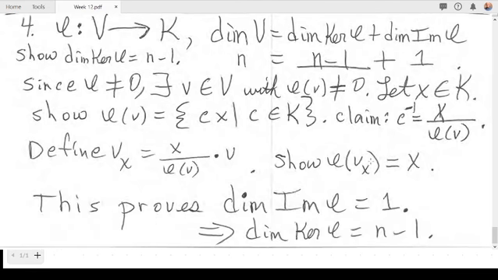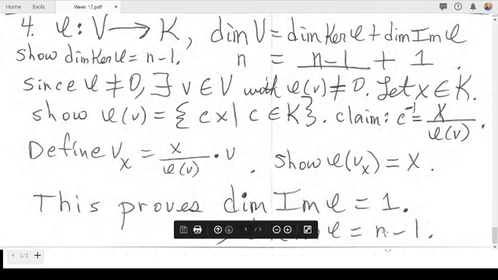Well, we can do this by defining v sub x, where x is an element in K, to be x over phi of v times v, and then show that phi of v sub x equals x. This proves that the dimension of the image of phi is 1, which implies the dimension of the kernel of phi is n minus 1.